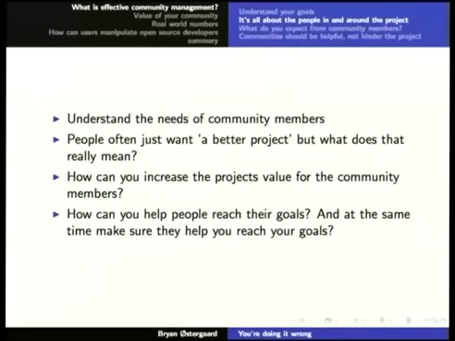So in Exherbo's example, most of the people coming to me are young people that just started at university. So the things I can give them is, I can give them some experience writing code, writing documentation, testing software, and so on.